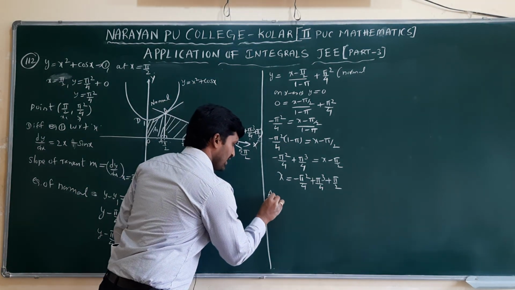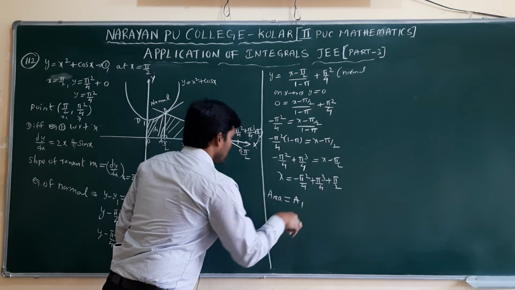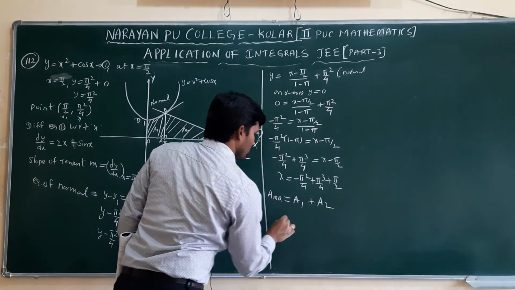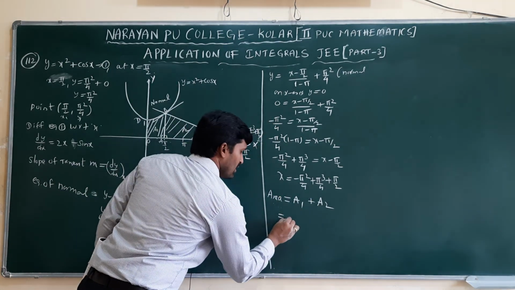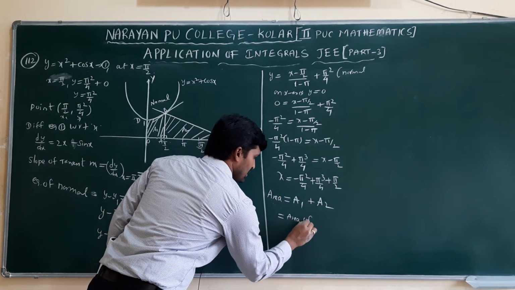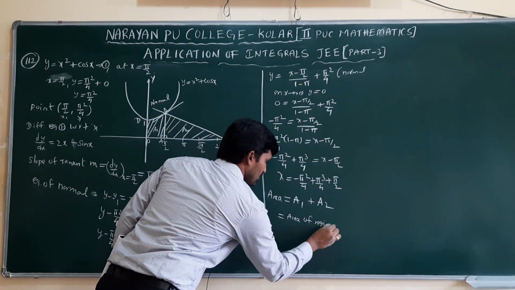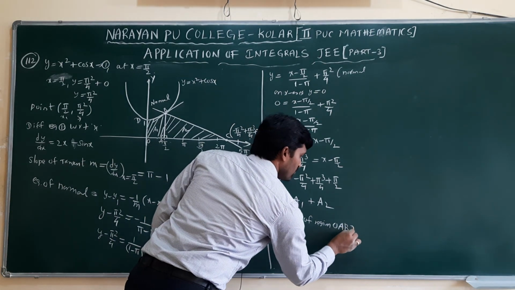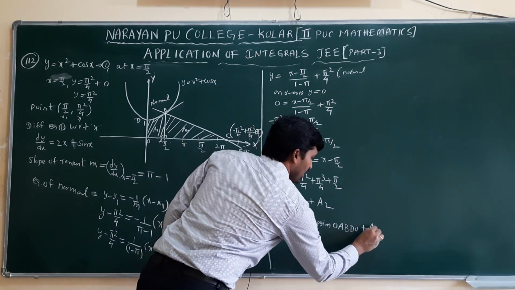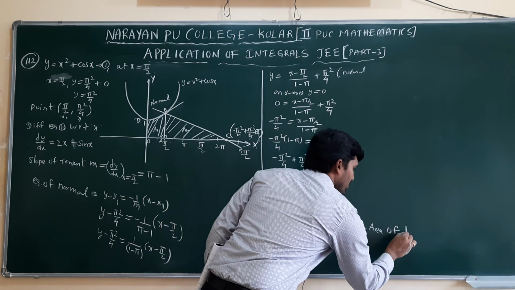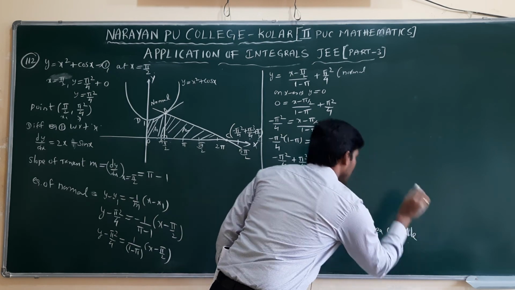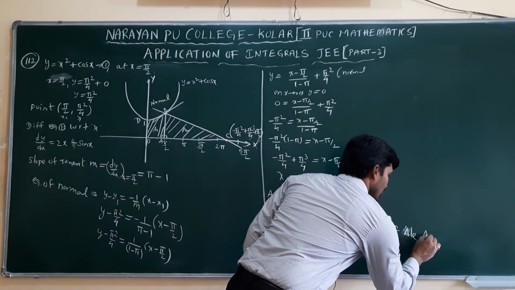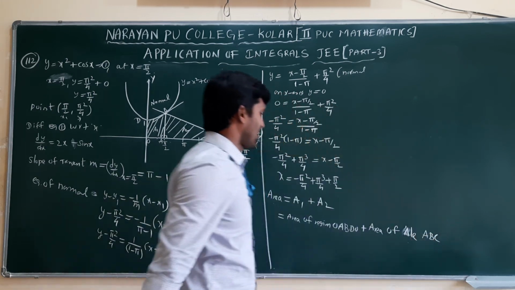The required area equals A1 plus A2. A1 is the area of region OABDO, plus A2, the area of triangle ABC, a right angle triangle.